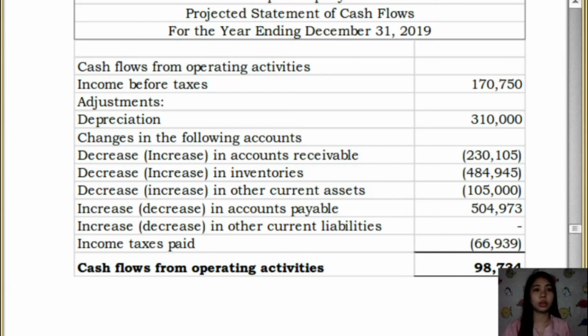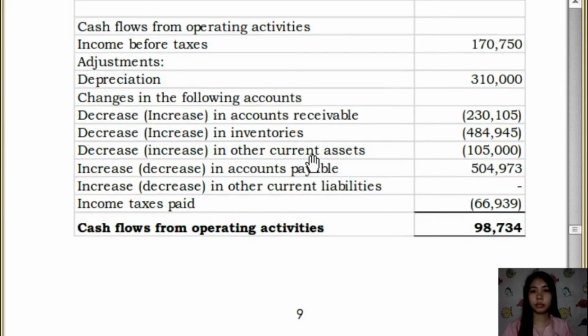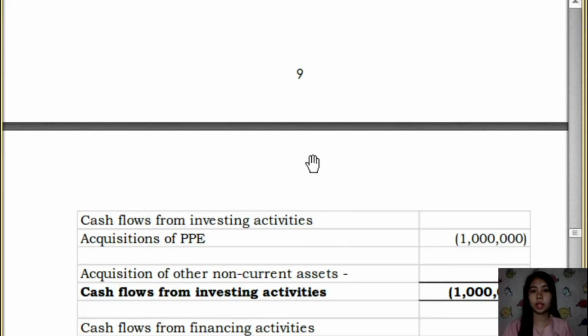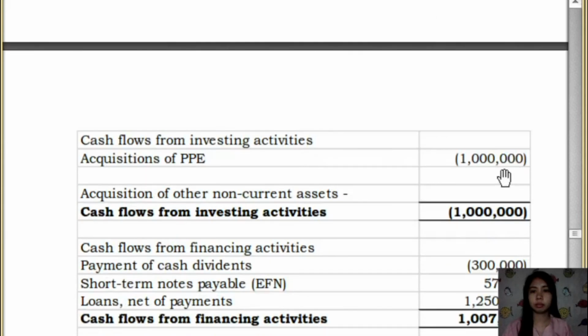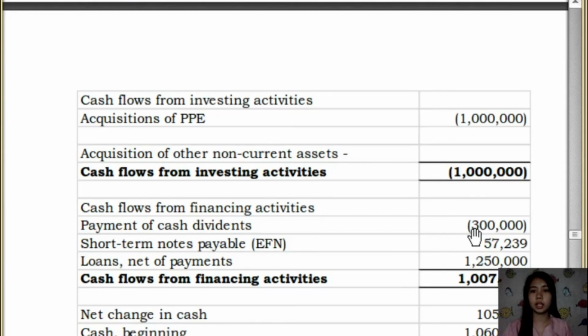You could also check it in your calculators or in your Microsoft Excel. So next, from the investing activities, you have a negative 1 million. So this is the cash flow from investing activities, and the cash flows from financing activities.